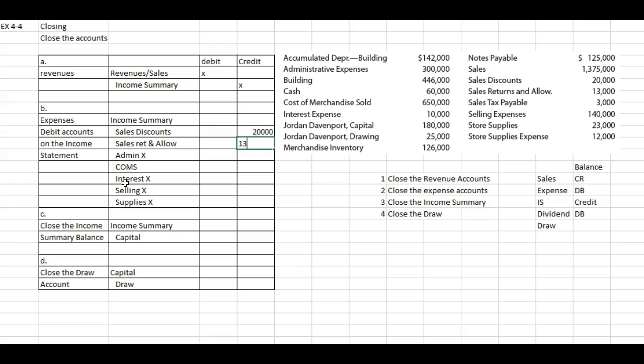Allowances are 13,000. Administrative expenses right here are 300,000. Cost of merchandise sold is 650,000. Interest expense is 10,000. Selling expense is 140,000. And supplies expense is 12,000.